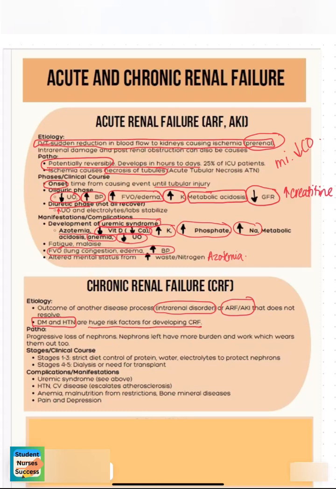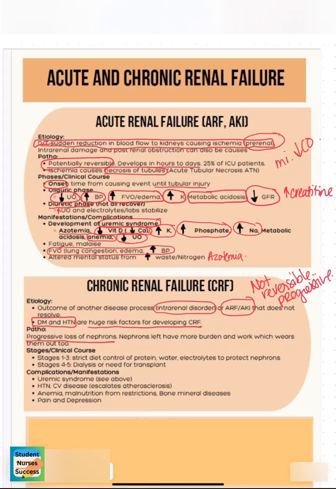Chronic renal failure is different from acute renal failure because it is not reversible. Chronic renal failure is progressive. What we see in chronic renal failure is the progressive loss of nephrons or filtration.